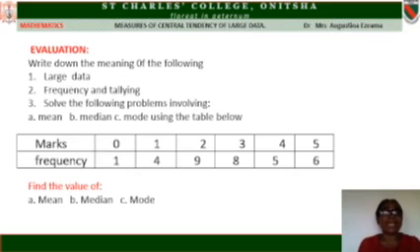Let us look at this. The question here are marks. We have 0 to 5. Frequency, you have 1, 4, 9 under 2, 8 under 3, 5 under 4, and 6 under 5.